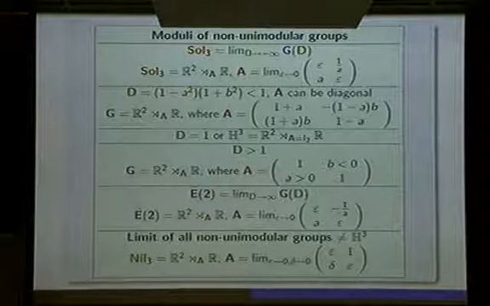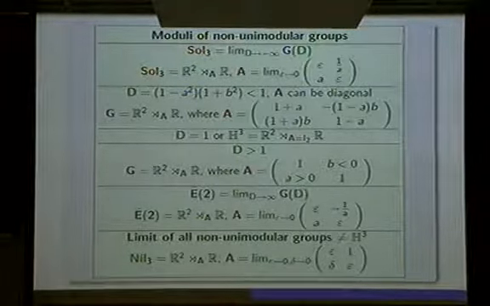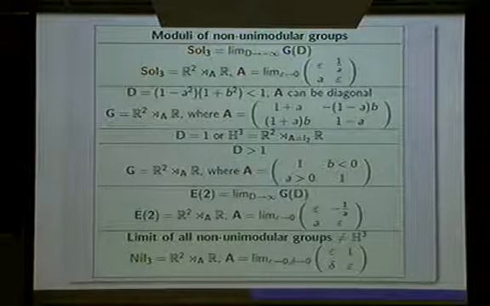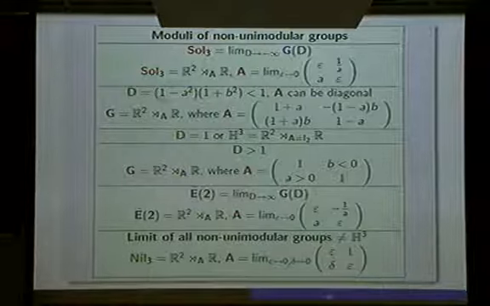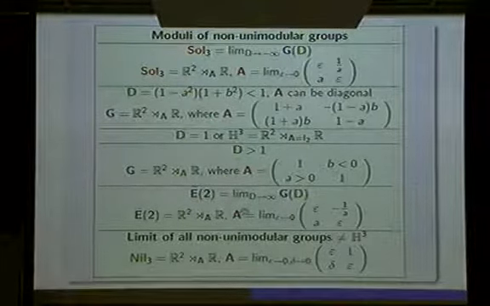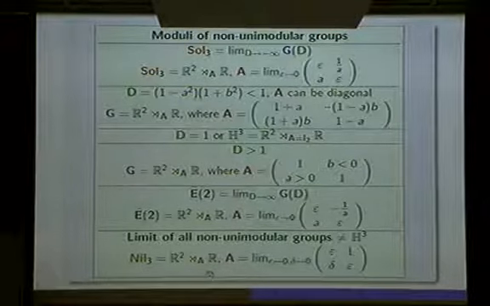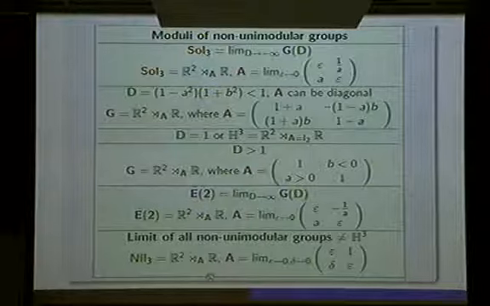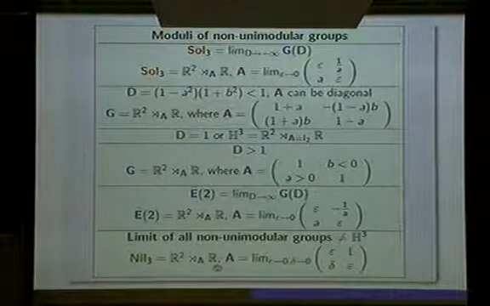Those don't give you all metrics, but it tells you what the group structure is and gives you some metrics. D equals 1 is kind of special, and then we have D bigger than 1. Okay. And of course, since we get E2 tilde on the boundary, we can also continue a little further and get nil on the boundary of E2 tilde. So you can even get that as a limit. Okay. So that's sort of the picture.